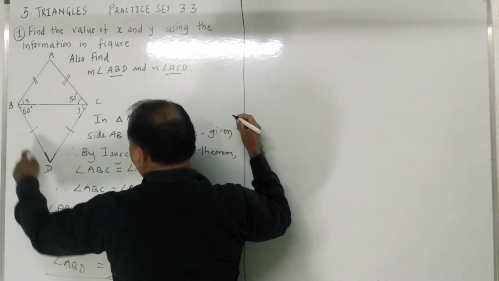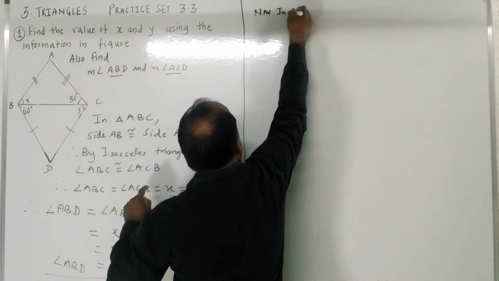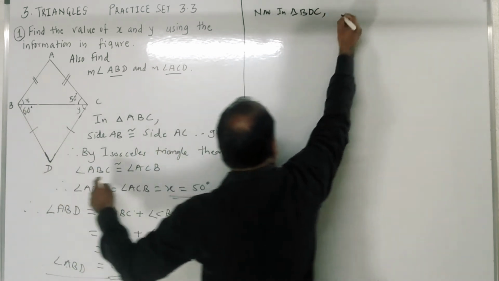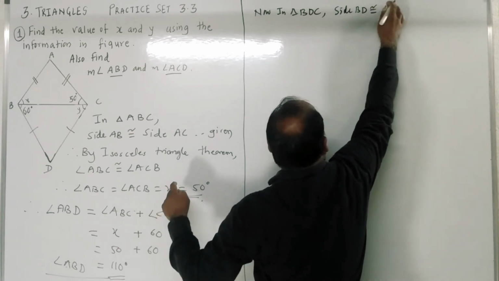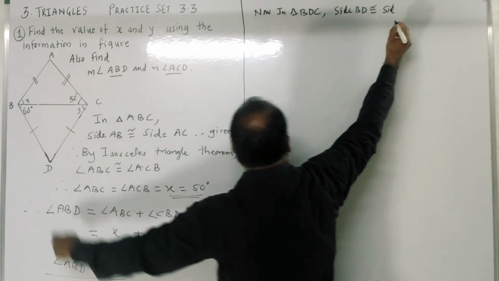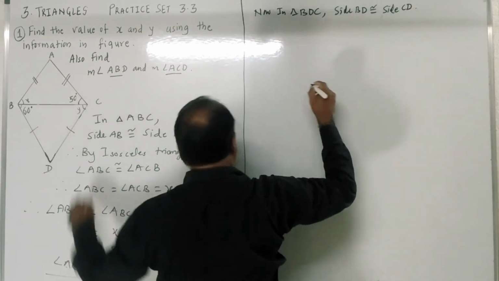Now in triangle BDC, side BD is congruent to side CD, which is given.